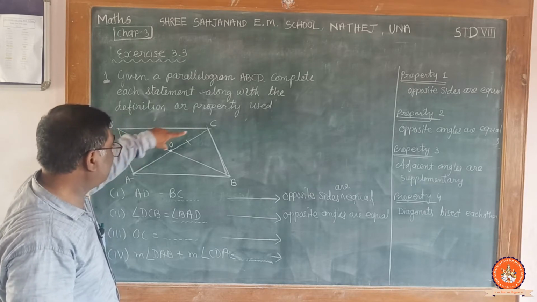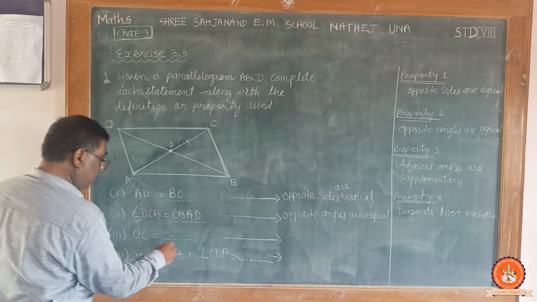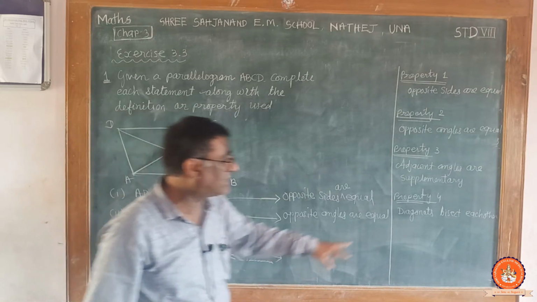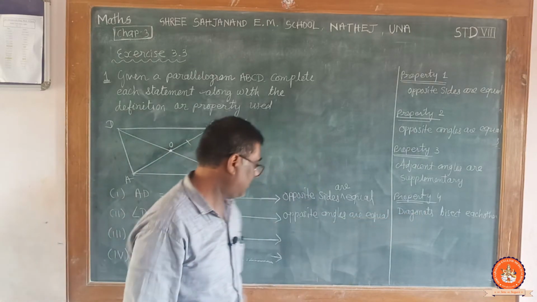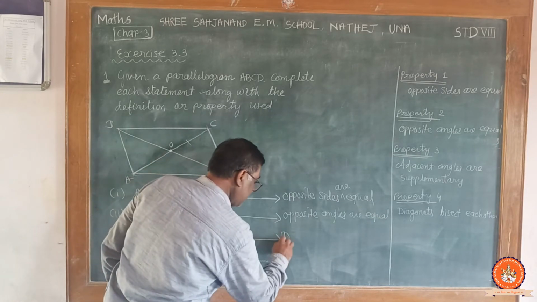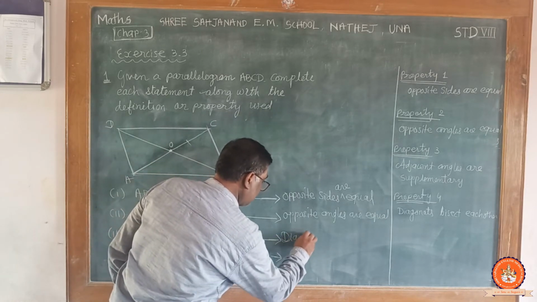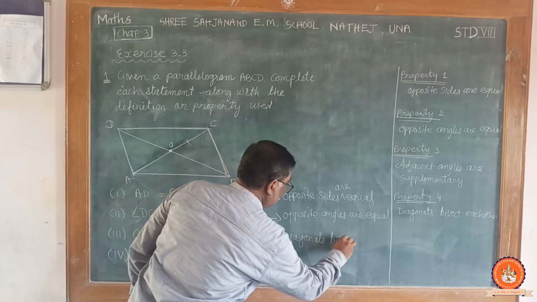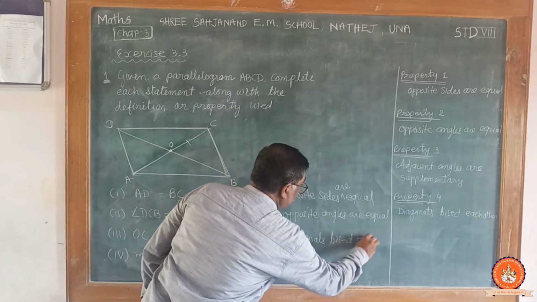So OC is equal to OA, and the property used here is diagonals bisect each other.